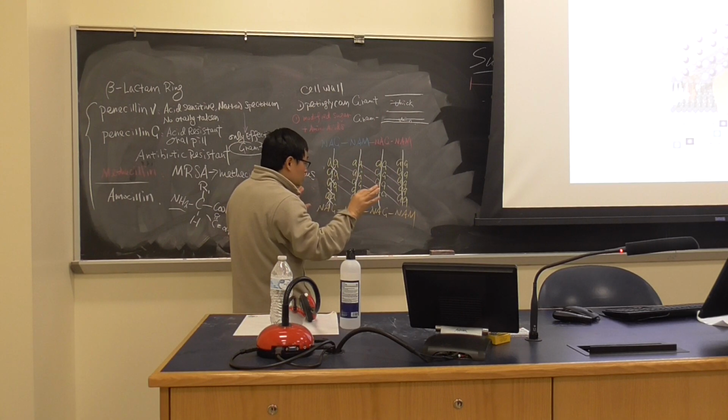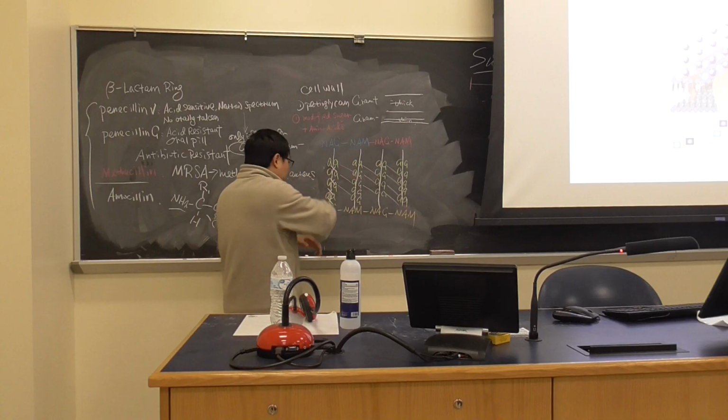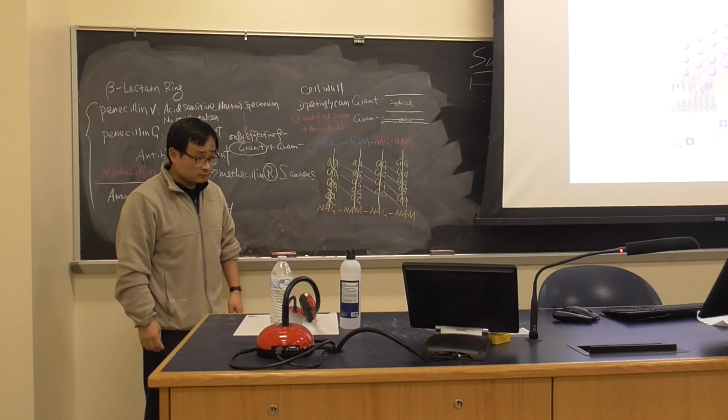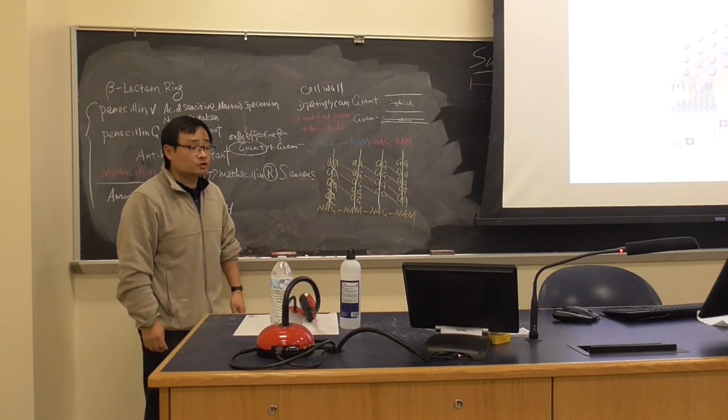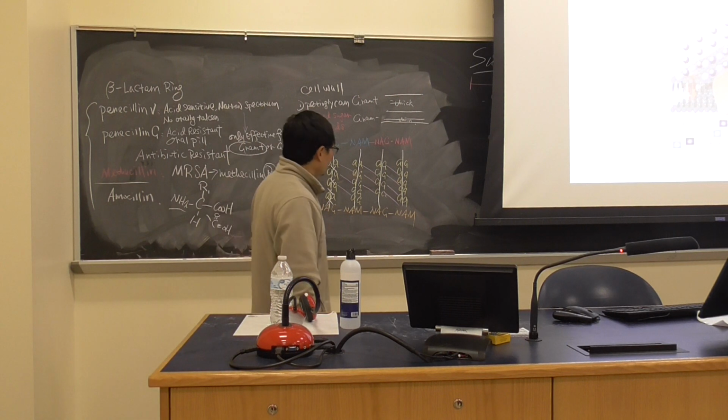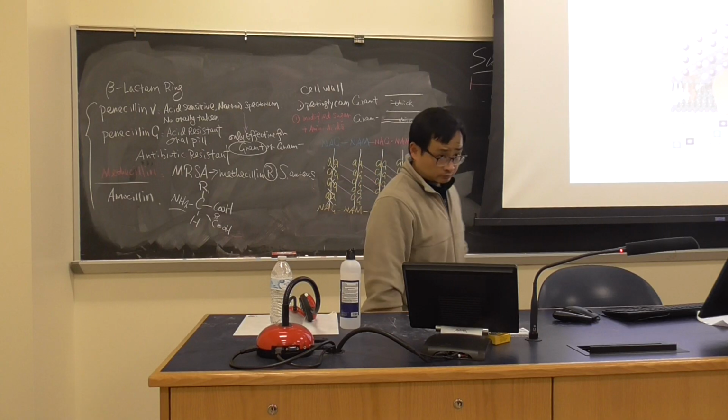Once you synthesize, you are building it, and I'm going to break it. That's more effective. And as we said already, because we use it too much, it causes antibiotic resistance.